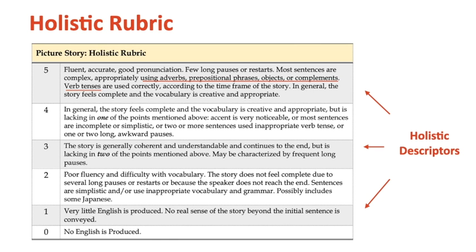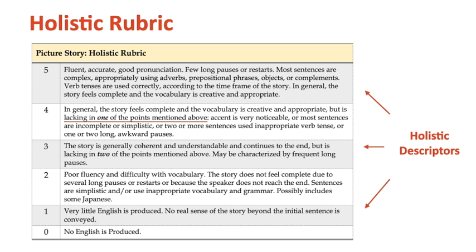It also describes specifically what grammar features should be considered for a score of 5. Descriptors for lower scores may describe specific features, such as characterized by frequent long pauses for a score of 3, but may also use general descriptions, such as lacking in one of the points mentioned above, as in the descriptor for a score of 4.